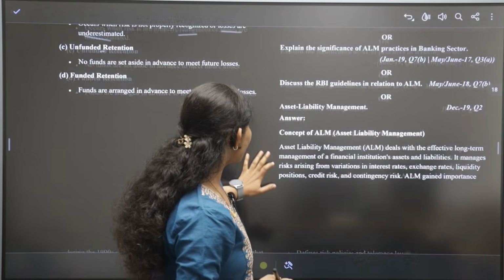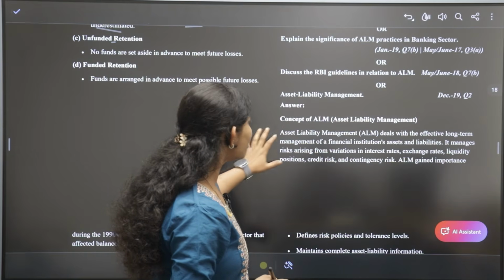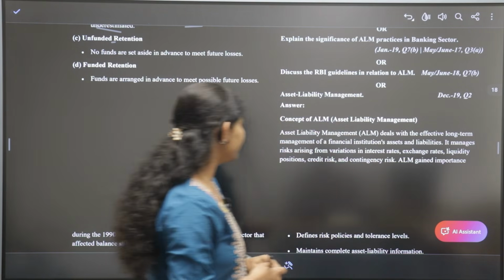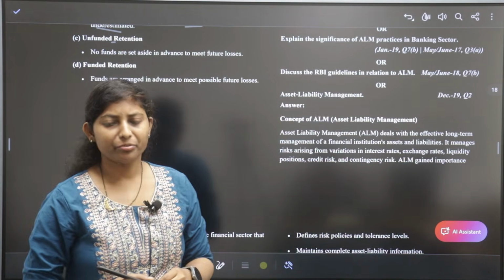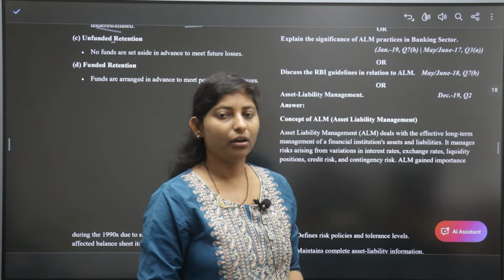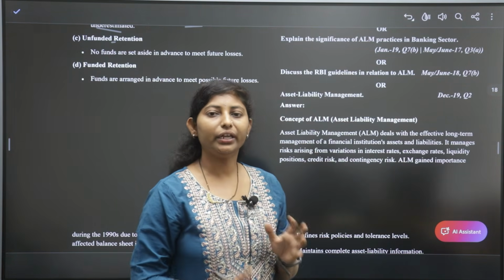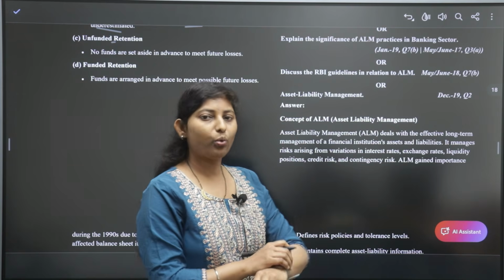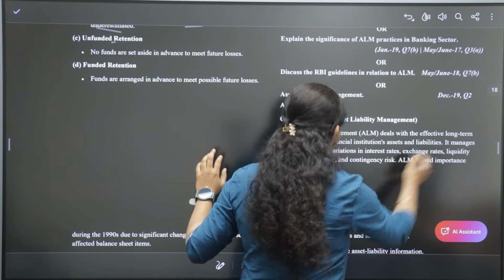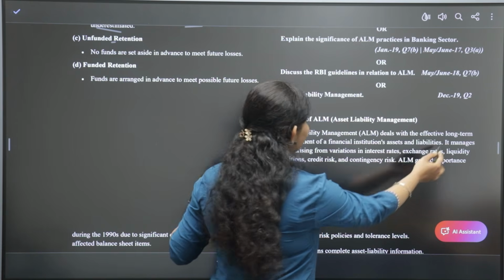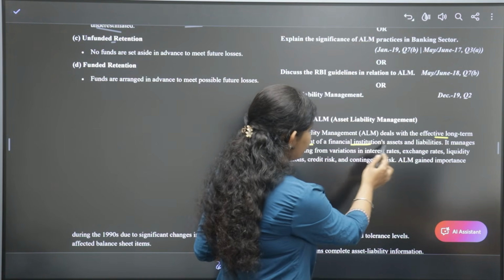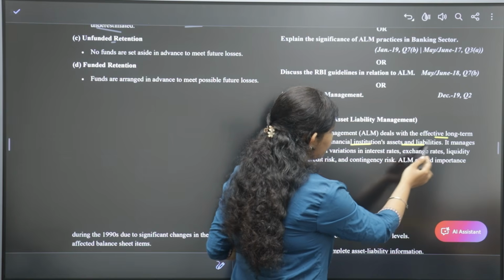So what is the answer? The concept of ALM: as I already said, ALM is nothing but asset liability management. Managing both assets and liabilities is very important for the business. It will help to increase its business value. ALM helps for the long-term purpose of your business: long-term management of a financial institution's assets and liabilities.